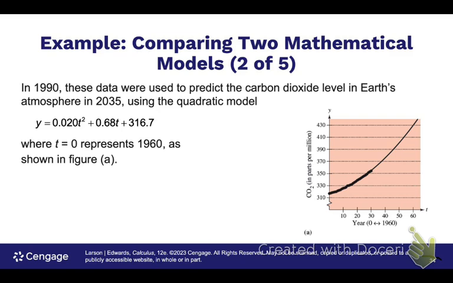So that's where this 316.7 comes from. And then you start messing with these numbers. Well, how'd they get those numbers? They just start messing with them. You start with t squared plus t plus 316.7, and then you keep changing those numbers and graphing the line until it fits.